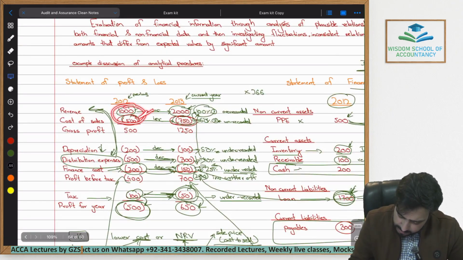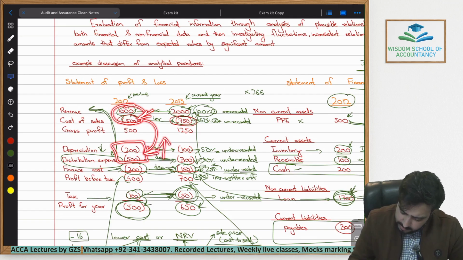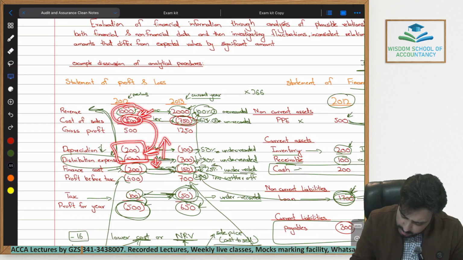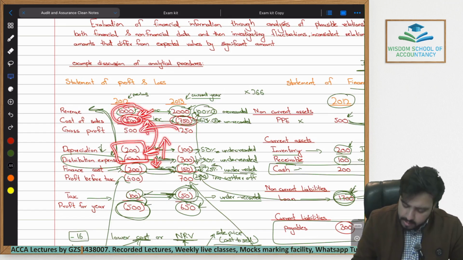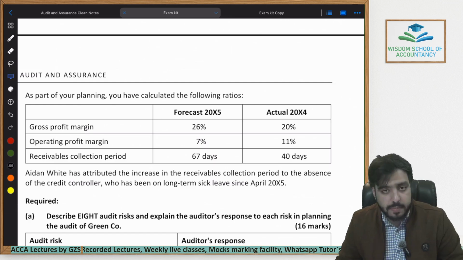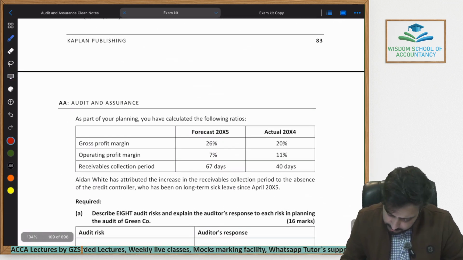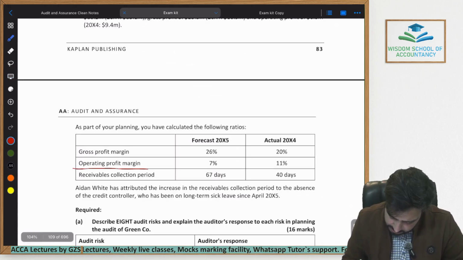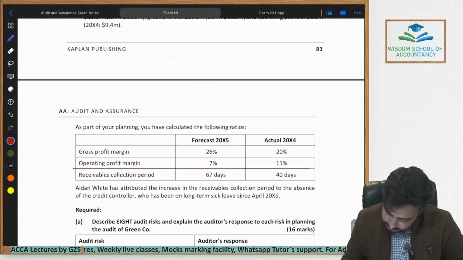They have recorded them down here, because of which this expense is increasing, and hence the operating profit is decreasing, and the expenses were low here, because of which, as compared to the previous year, the gross profit jumped so much. So a classification error is the only risk that can be created here. Let's identify it now. I can simply write it down: this is the ninth risk, classification of expenses.